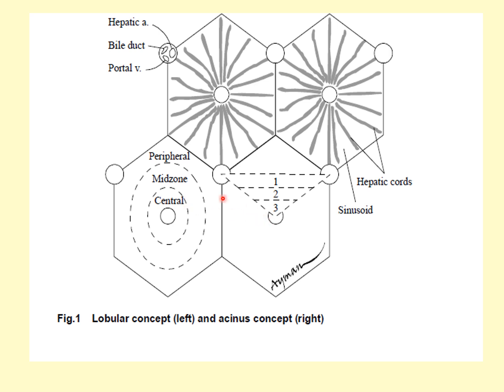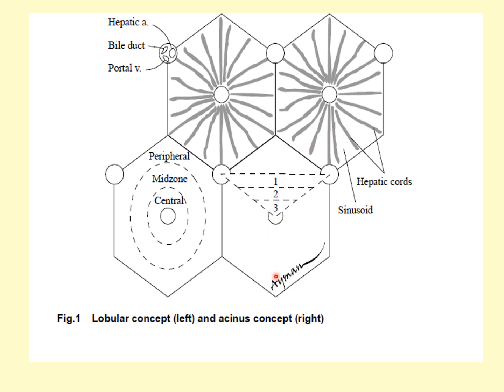So it is zone 1, zone 2 and zone 3, named either pericentral or periportal, and mid-zonal. So the lobule is divided into three parts: central or pericentral area, mid-zonal and the peripheral zone, or zone 1, zone 2 and zone 3.